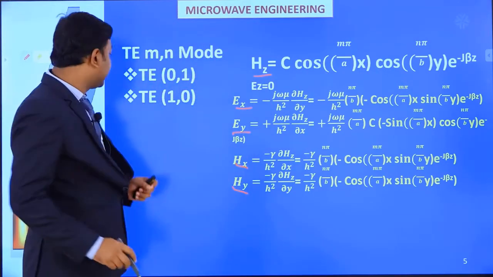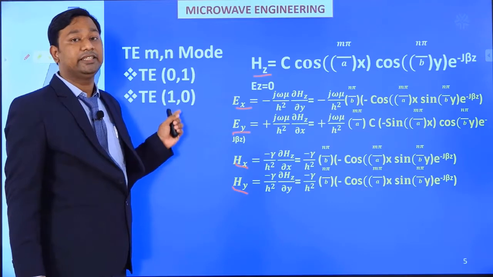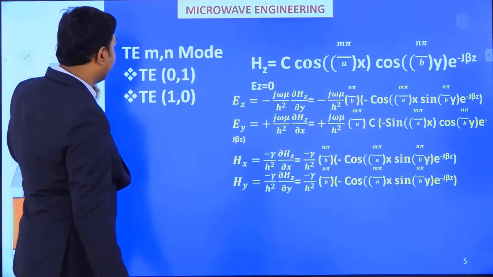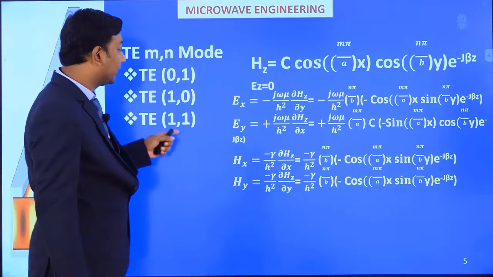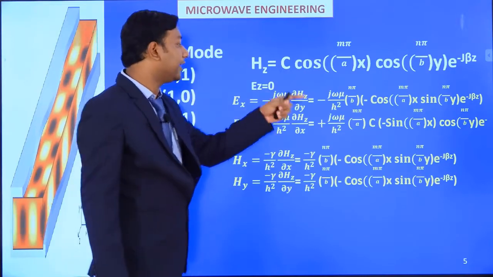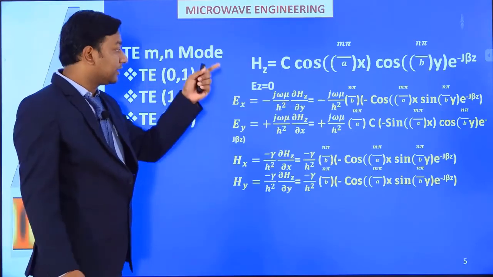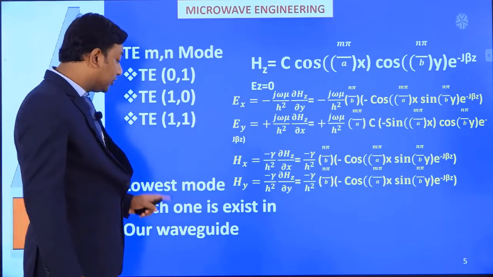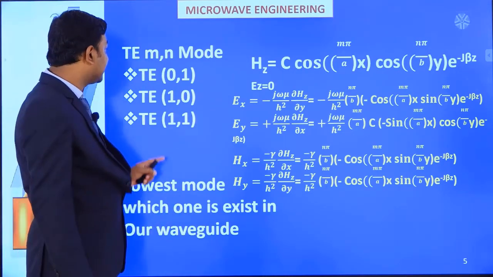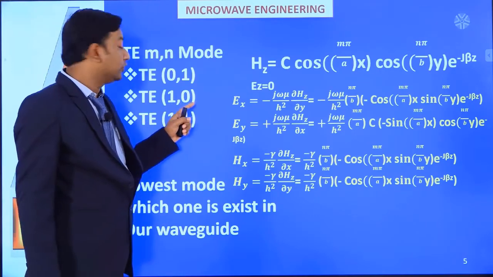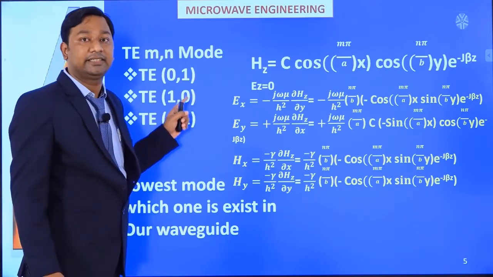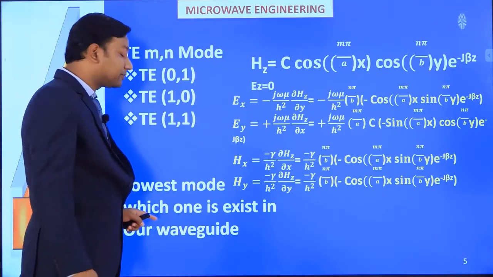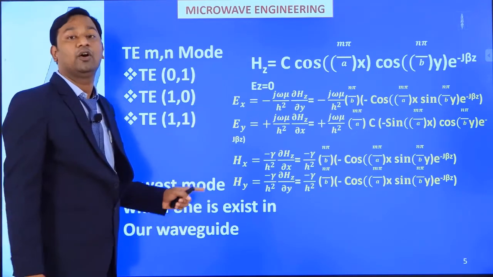So the field exists in TE01 and TE10. Similarly, for higher values, TE11 also exists. Similarly, for higher values such as TE21, TE31, the mode exists. So the lowest mode which exists in our waveguide is called TE10. That is the transverse electric case, and the TE10 mode is the lowest mode which exists in our waveguide.